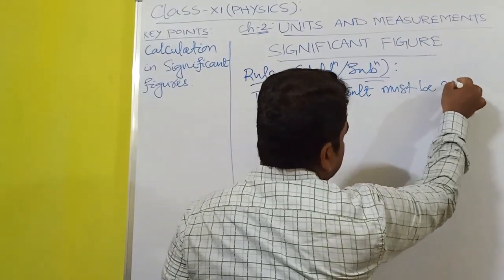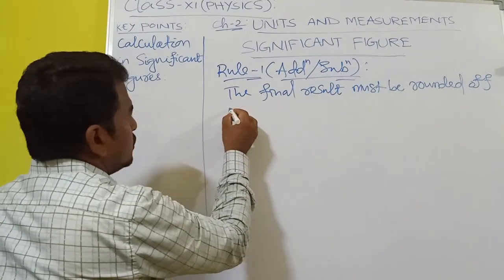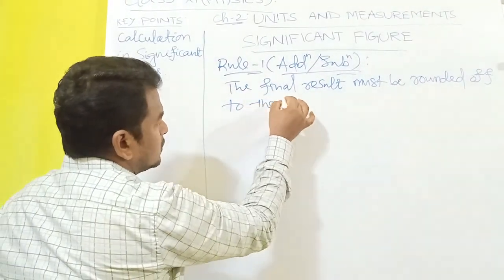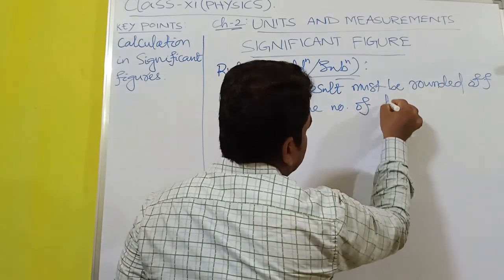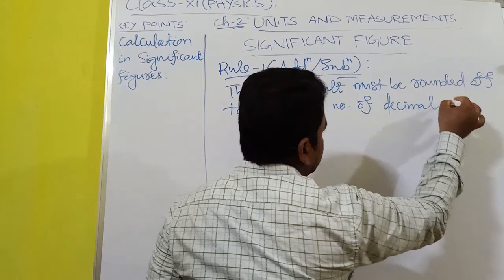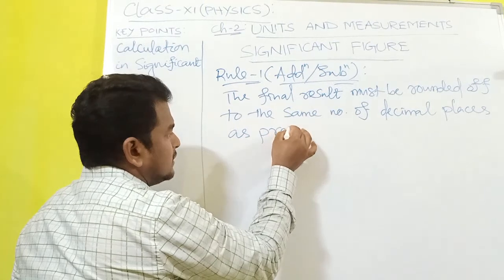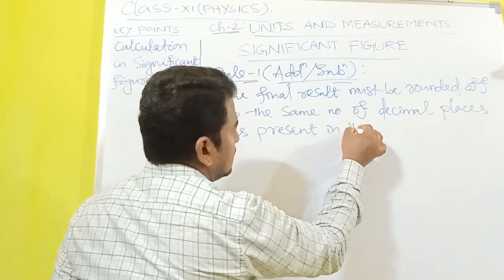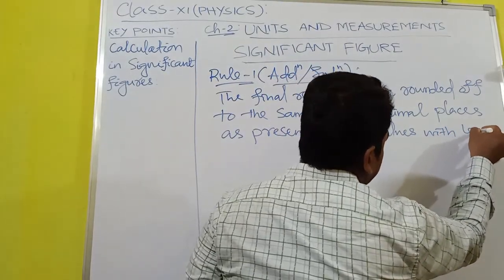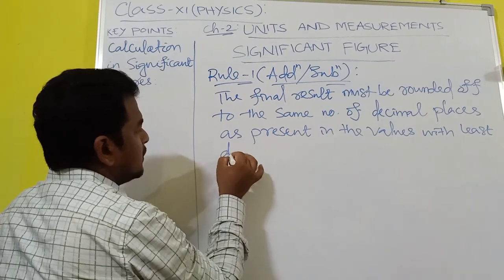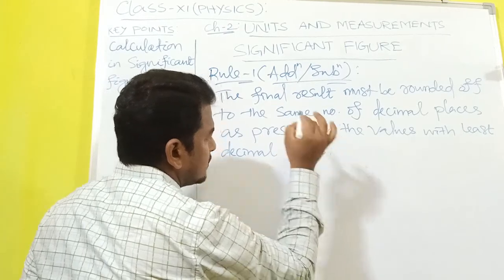must be rounded off to the same number of decimal places as present in the values with least decimal places.